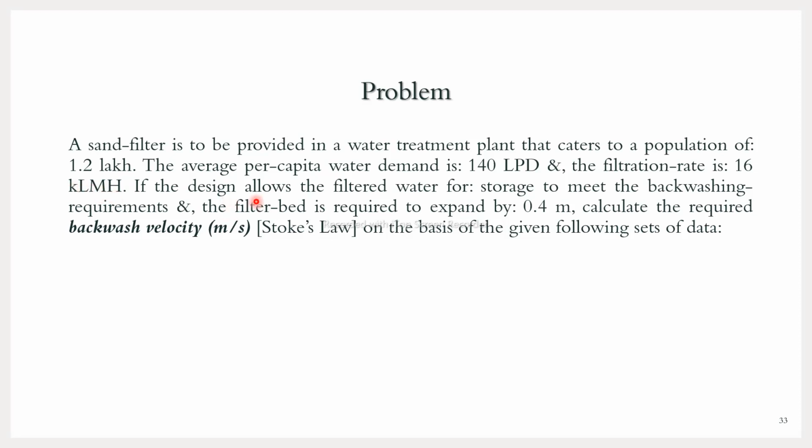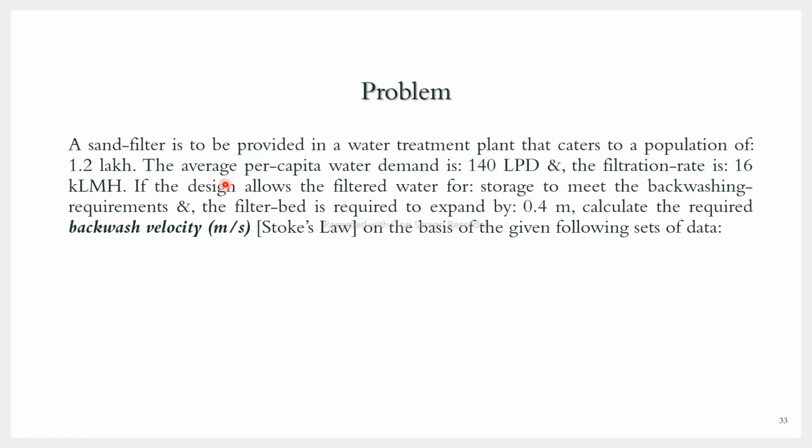The filtration rate is basically filtration flux, because whenever you see liter per hour, that is basically a volumetric flow rate. Whenever the rate is divided by the area, then it is called the flux. So the filtration flux is the more appropriate term.